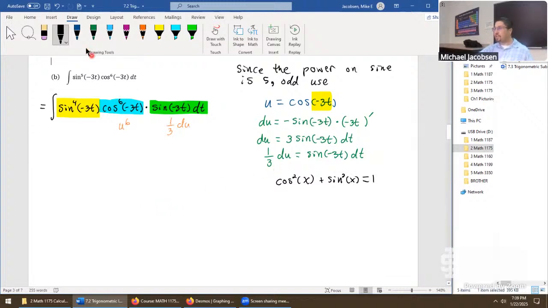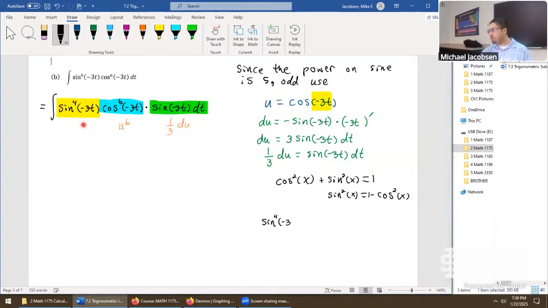So if this is the overall thing you're working with, but you want to maneuver something with sine power 4, the identity would turn into this. Sine squared x is 1 minus cosine squared x. So that's the identity that serves our purpose, dealing with sine power 4. So let's actually work with that now.